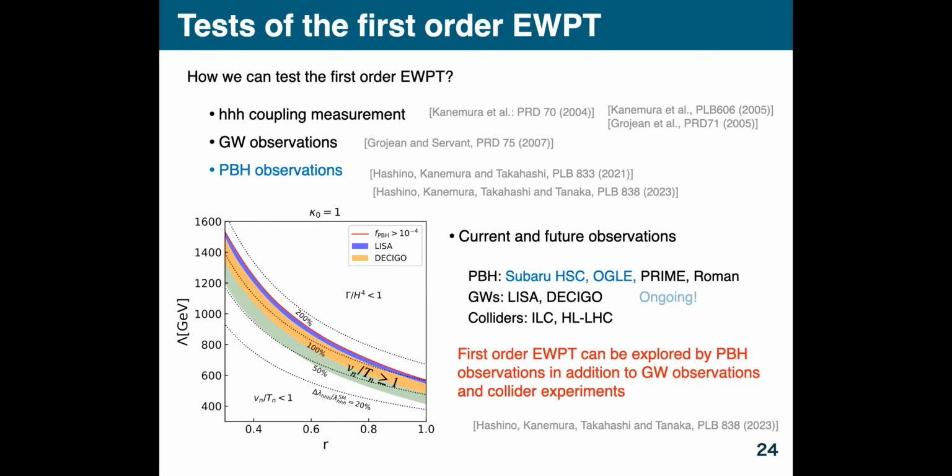So this figure shows the parameter region which can be explored by each experiment. In this figure also, of course, we assume the nearly aligned Higgs EFT, and we take kappa 0 as 1. The horizontal axis indicates R, and the vertical axis is the mass of the new particle.